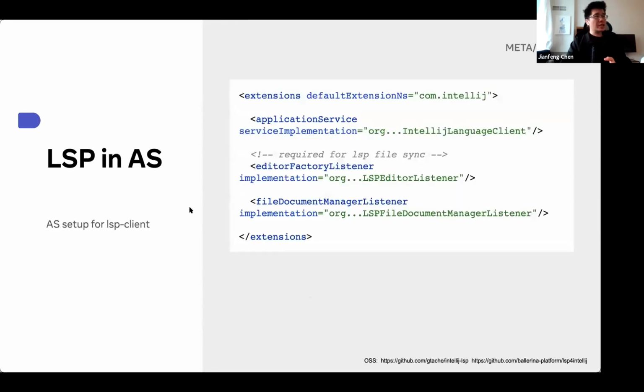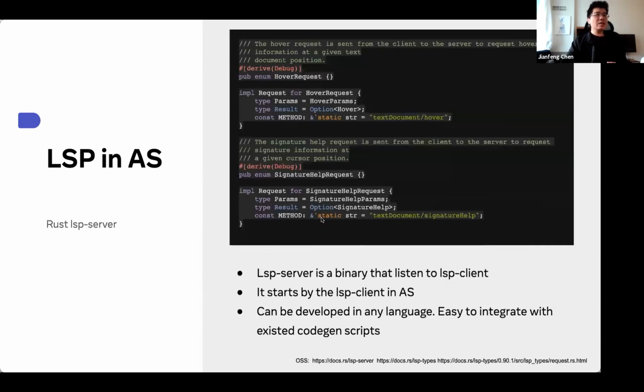To use the LSP in Android Studio, it is pretty simple. First of all, in the plugin.xml, you can add this into the startup activities. Just register it in the XML, and then you should move your focus to the server side.